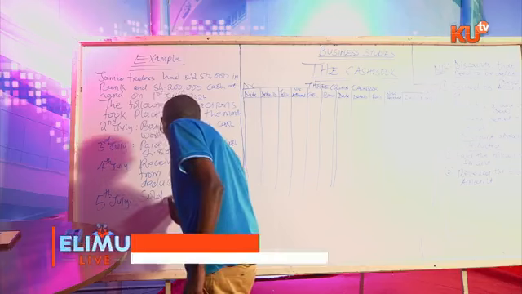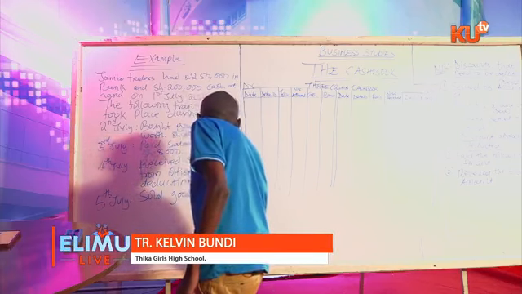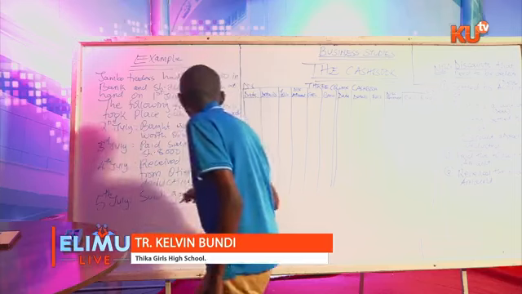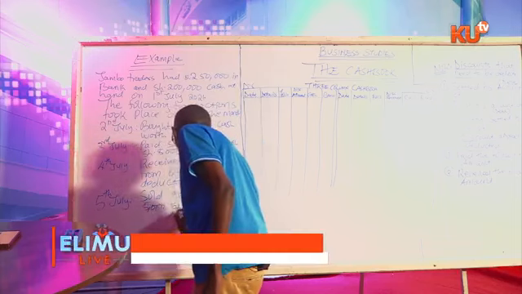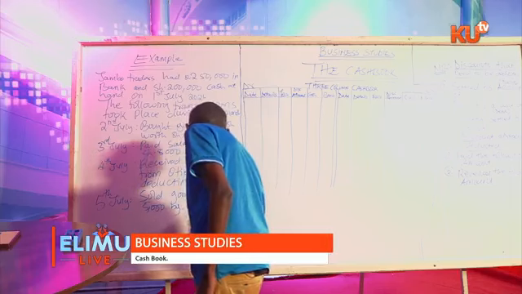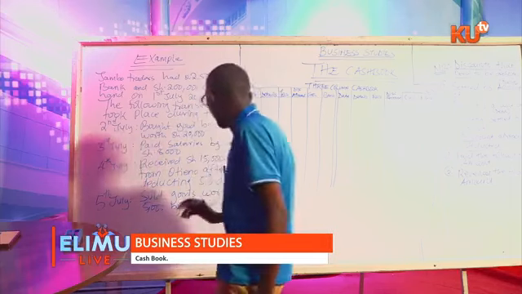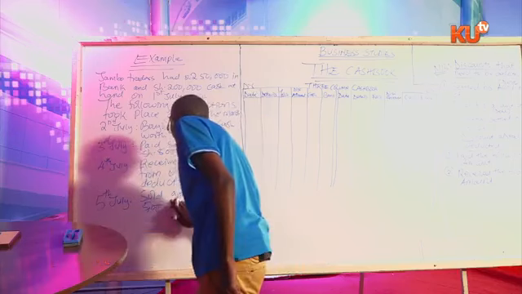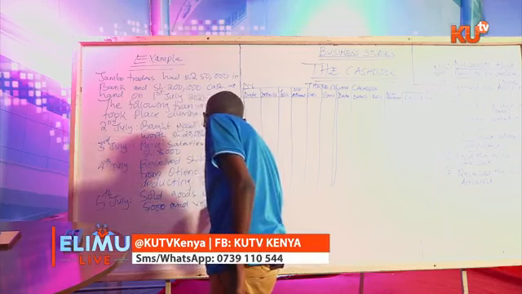July 5th, sold goods worth 5,000 and received payment by check.